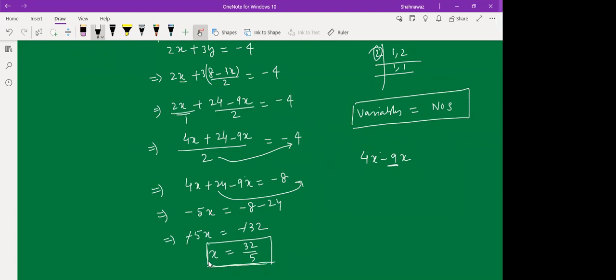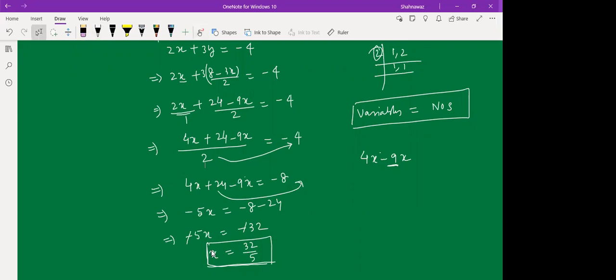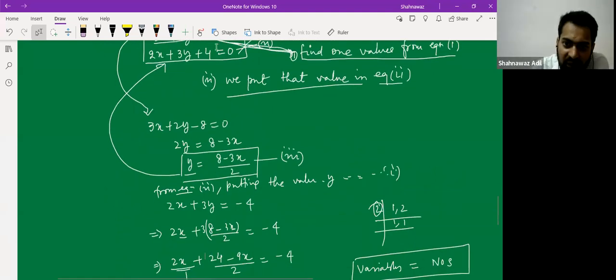Now one part we have calculated. We have calculated the value of x, right? Adil, do you have any question? No. Okay. So in the third equation, we have found out the value of x, and when we put the value of x, we will be able to calculate the value of y, right?